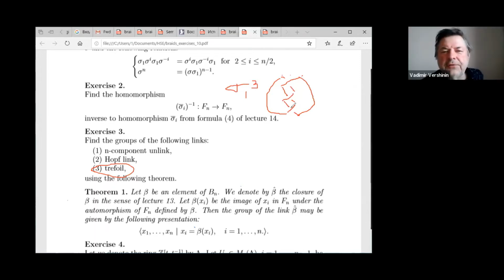Just consider that you have an alternating link with 3 crossings. No other possibility. What is the trefoil? The diagram of the trefoil is an alternating diagram with 3 crossings.